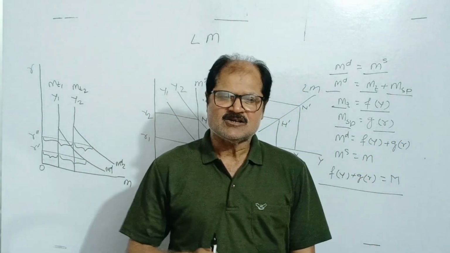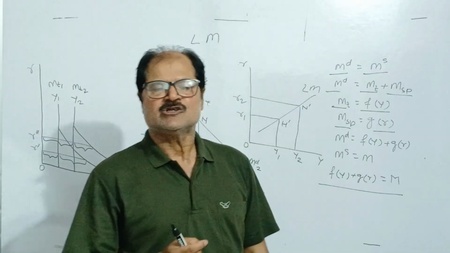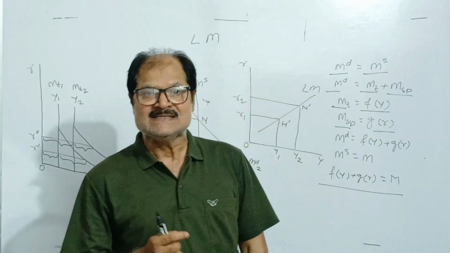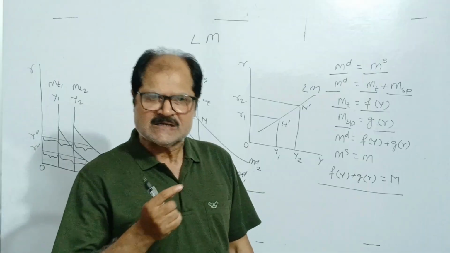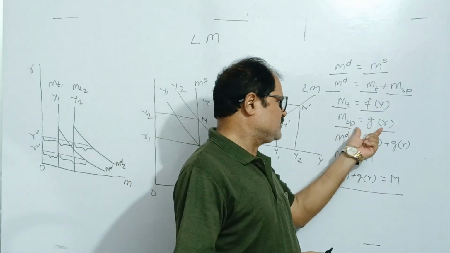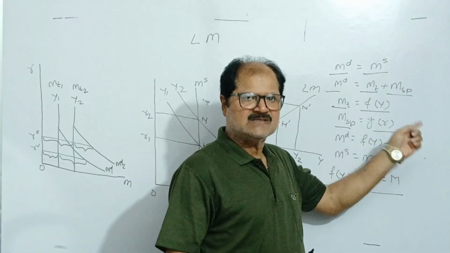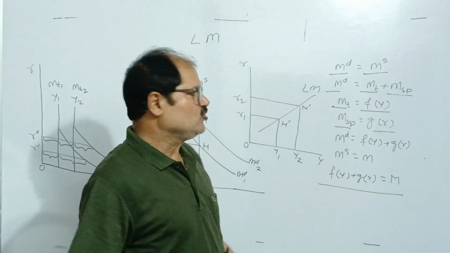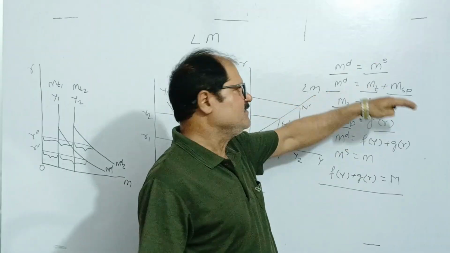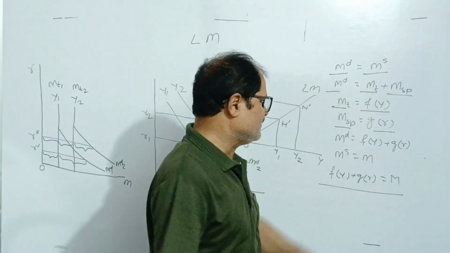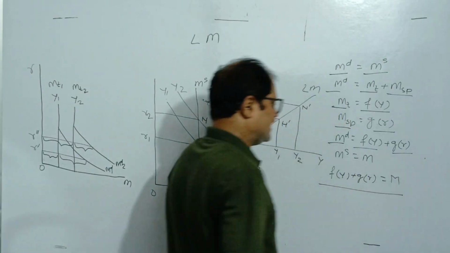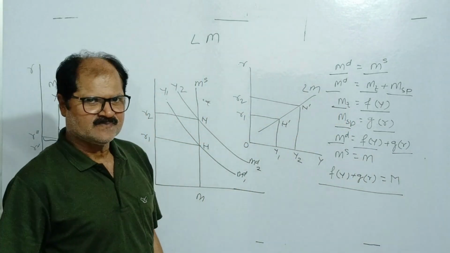That is, when rate of interest increases, speculative demand for money decreases, and when rate of interest decreases, speculative demand for money increases. Now, total demand for money is sum of transaction demand and speculative demand. Therefore, MD is a function of income as well as rate of interest.